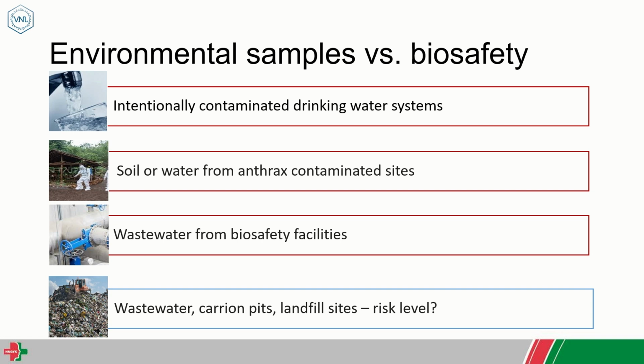And in the case of anthrax, even soil or water is not the primary source of infection. It can be a source, and in several cases, analyzing these environmental samples can be necessary.